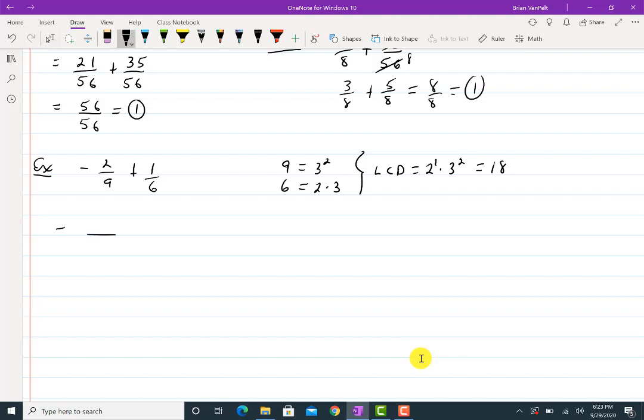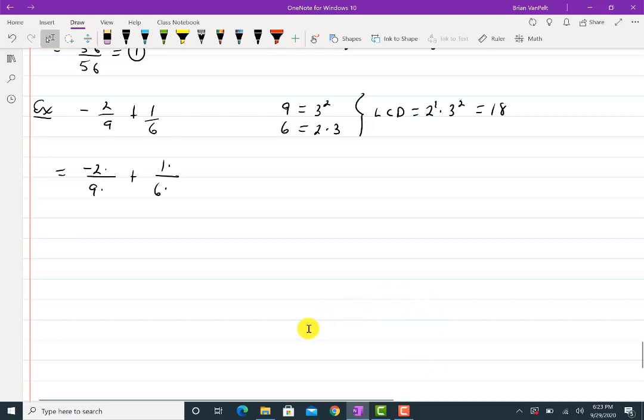So what I need to try to do is get each of these to be over 18. So I need 6 times what, and I need 9 times what. I'll put the negative up there with the 2. That's usually beneficial. Ask yourself, how many times does 9 go into 18? It goes in twice.